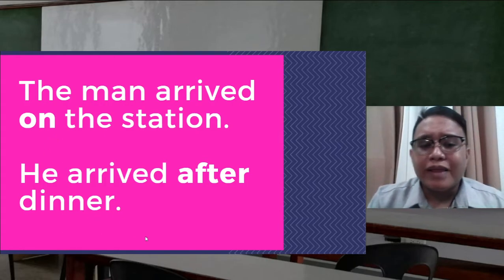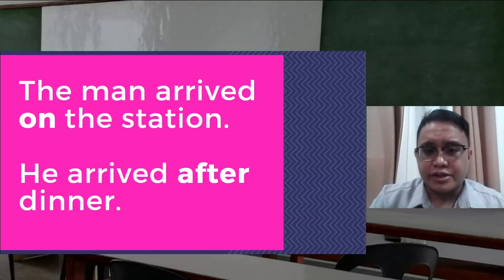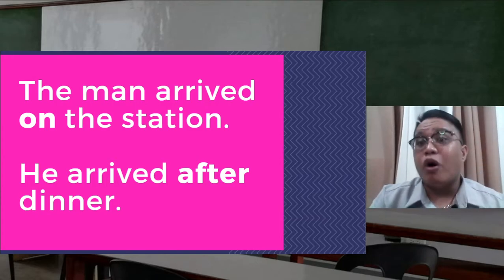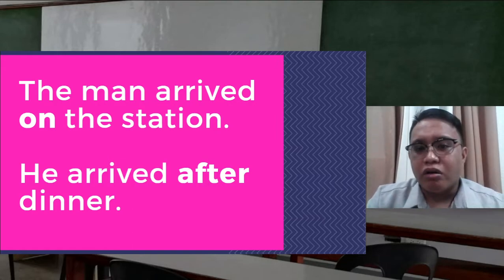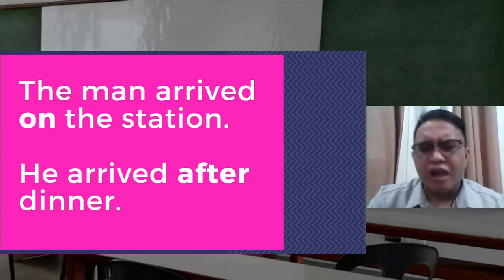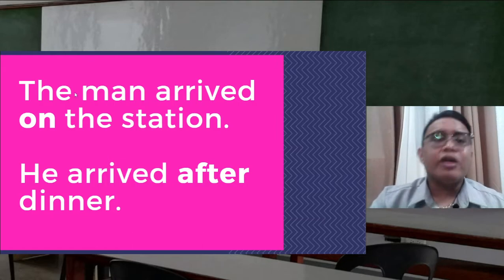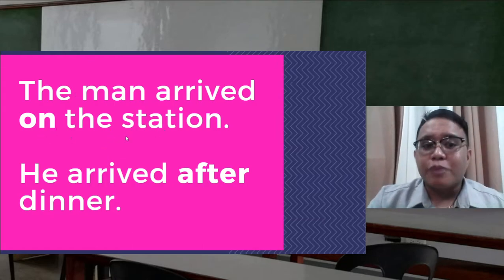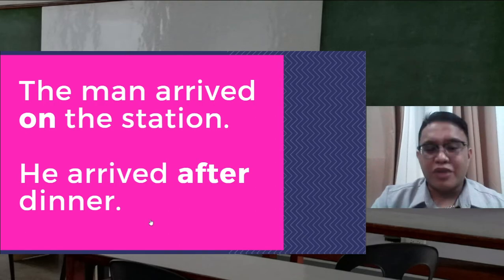When we say the man arrived on, it's wrong. He arrived after. After what? So there we have the prepositional phrase, and remember, the end of the prepositional phrase is the object of the preposition. Very good. I think you still remember it.